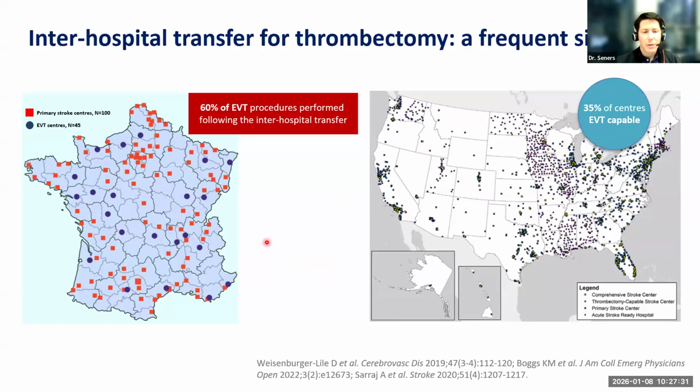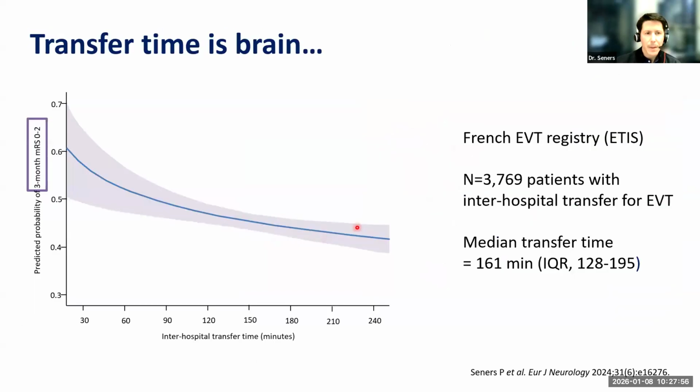And therefore, most large vessel occlusion patients are first admitted in primary stroke center or non-EVT capable centers where the LVO is diagnosed, and then the patient needs to be transferred to a comprehensive center to get the thrombectomy. And roughly, we estimate that more than half of the thrombectomy procedures are performed after an interhospital transfer. So this is really a very frequent situation.